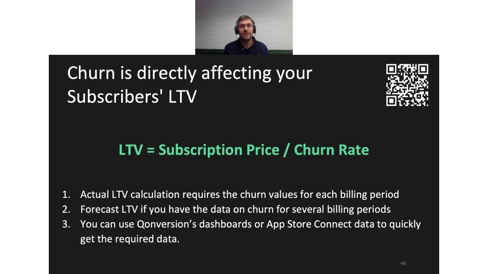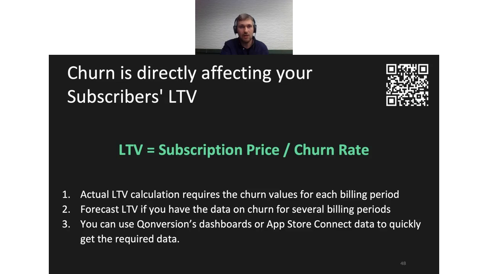But the simple formula that I showed here works only in case of linear churn, so when the percentage of churning subscribers is the same for every billing period. And of course, the reality is more complex. When churn is not linear, calculating LTV can be a little bit trickier. I have actually written a detailed article on calculating subscription LTV. I'm not going to dive into the details here.